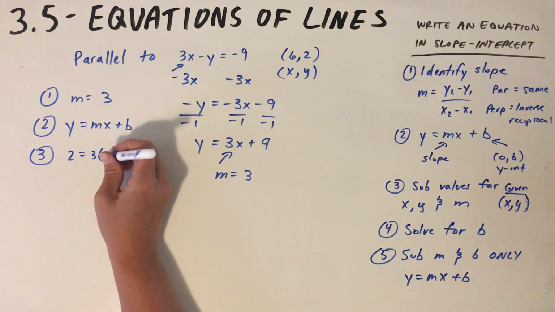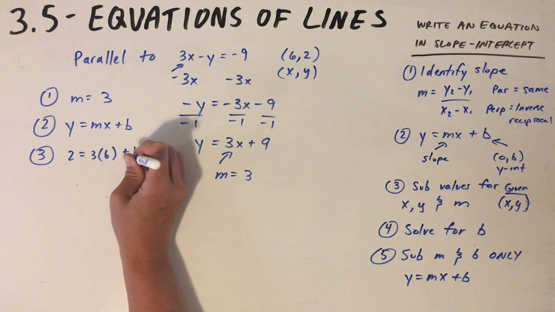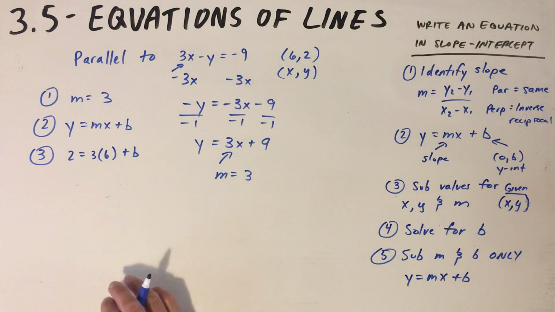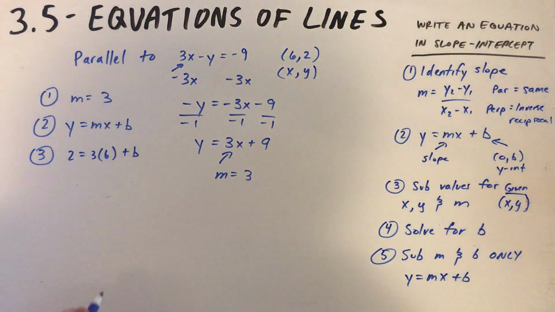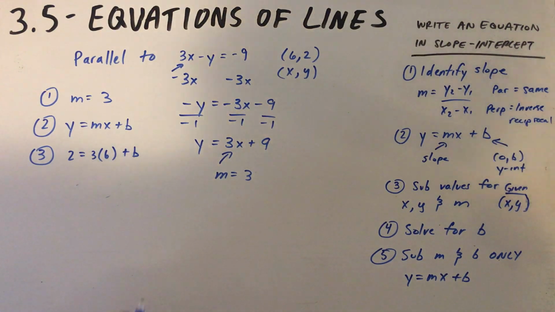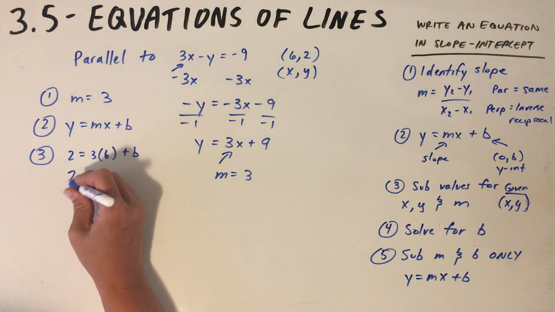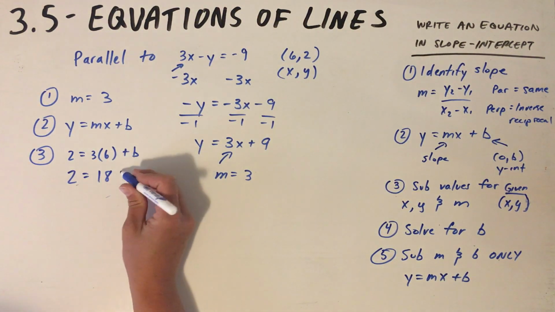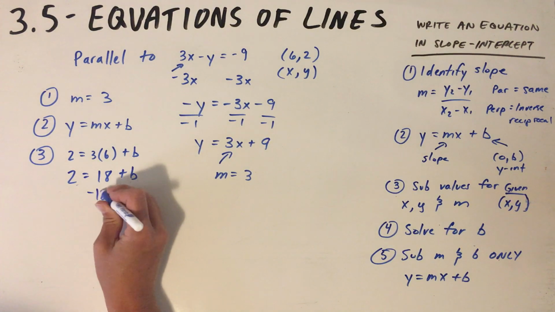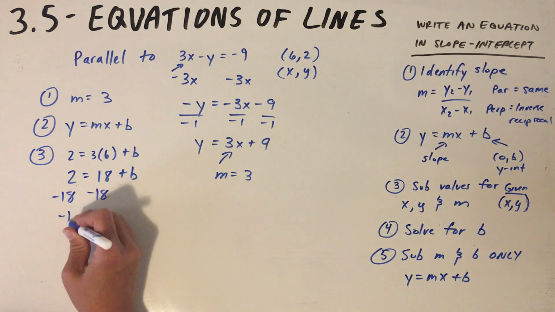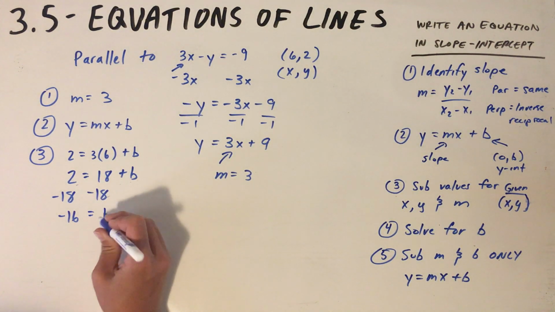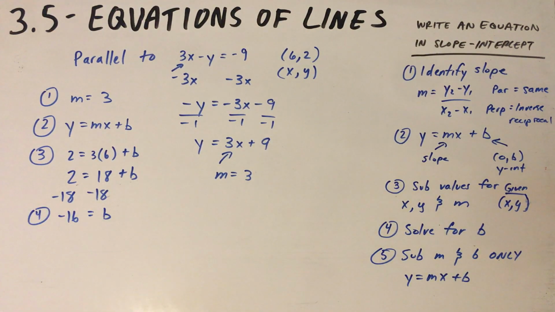My x is going to be 6. And my b, I don't know. The whole point of this exercise is to find out what b is. Okay, so that's going to give me 2 is equal to 18 plus b. So I'm going to subtract 18. And I get that -16 is equal to b. All right, so this is the value for b.